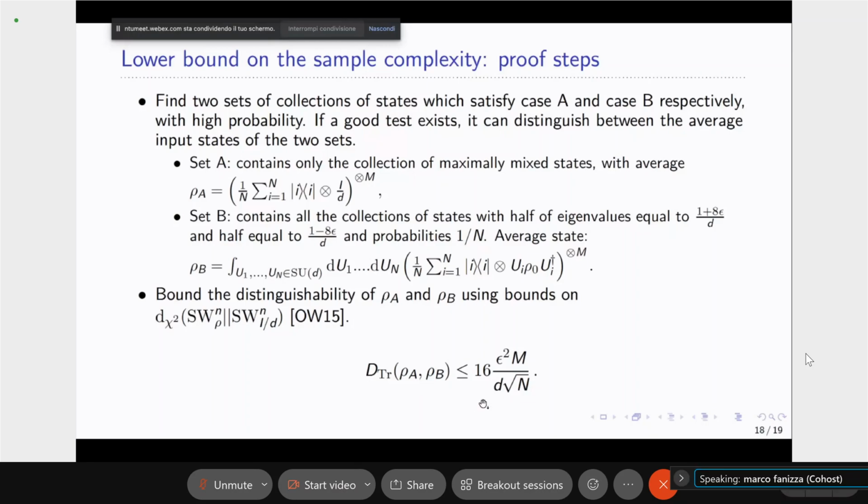And we find that the trace distance between rho A and rho B is upper bounded by this quantity. And in order to be large enough such that it is possible that the test exists, m has to scale like square root of n d over epsilon squared. And so this gives the lower bound.